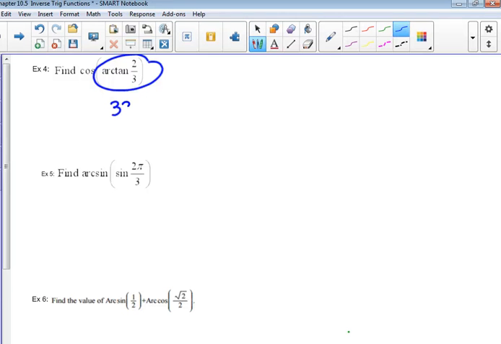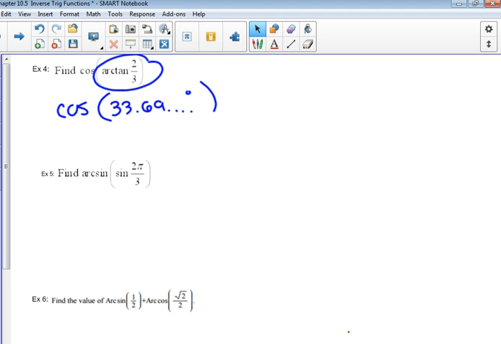We get about 33.6 degrees. Now we want to take the cosine of this value. Do we have an ordered pair for this? No. So we have to use the calculator here. We have no choice, because we don't have a reference angle for this.